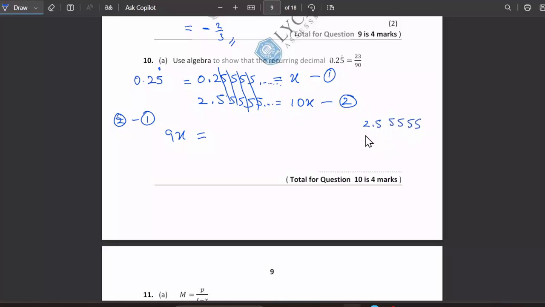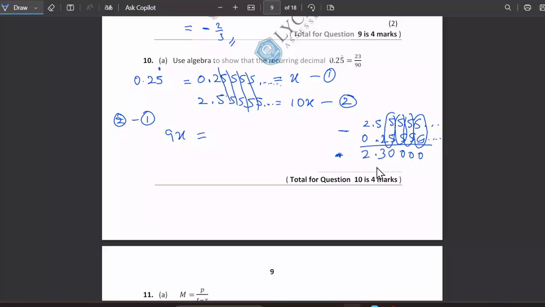2.5555 minus 0.2555. Now you see why this is important to add 1 more 5 to the end. Okay, now when subtracting these, all of these are becoming 0. Till infinity it becomes 0. So after subtracting I get 2.3.